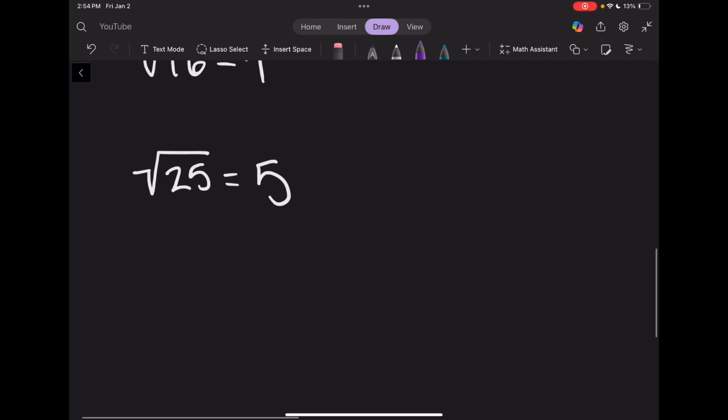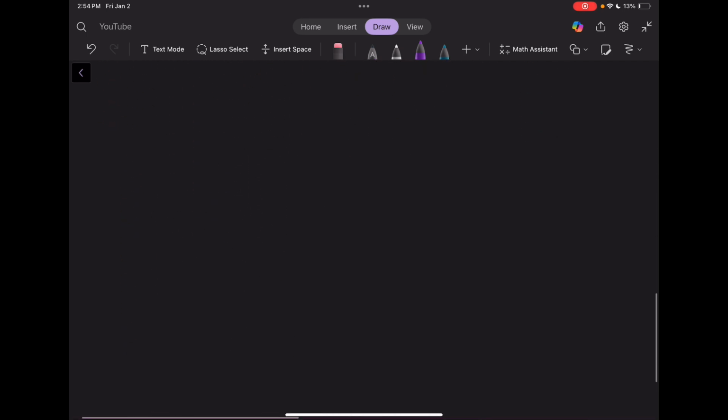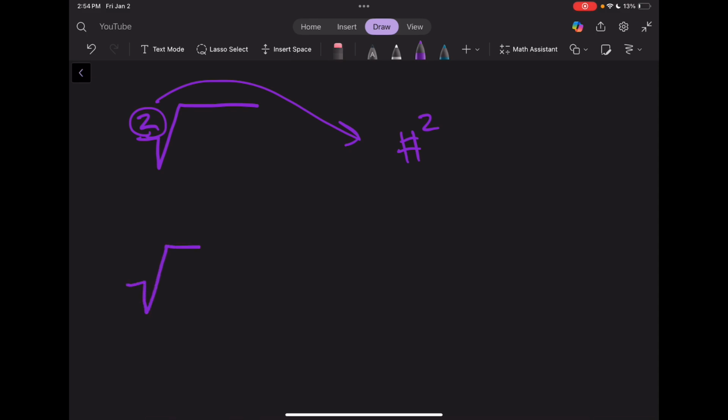Now that we have a basic understanding of square roots, I'd also like to introduce cube roots. I always like to think of square roots having a little 2 here. And this number would be like asking the question, what number squared? So then you're probably going to come across cube roots, which look something like this, where there's a 3 there.